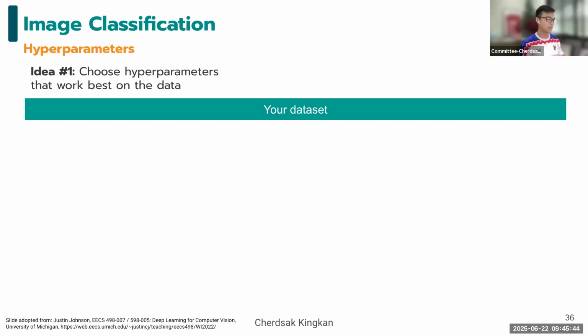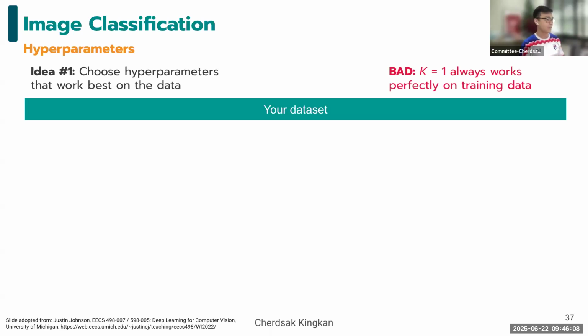That's one way you can do it, but it's a bad idea, because k equal to 1 will always work perfectly on your training data set. So this is a bad way to train your models and choose the hyperparameters. Never do this: training the model on your entire data set.